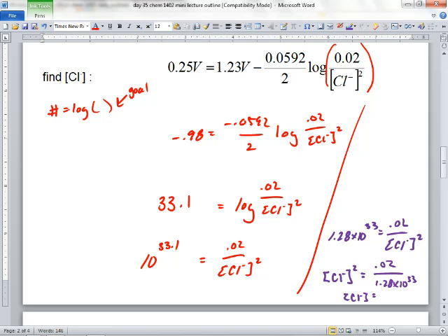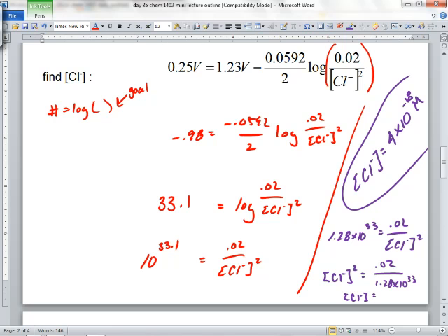So final end, I got about 4 times 10 to the negative 18. Supposed to say 18. Okay. Make sure you can get that.